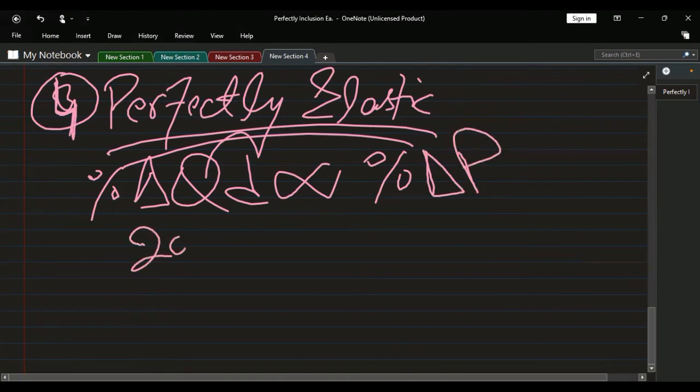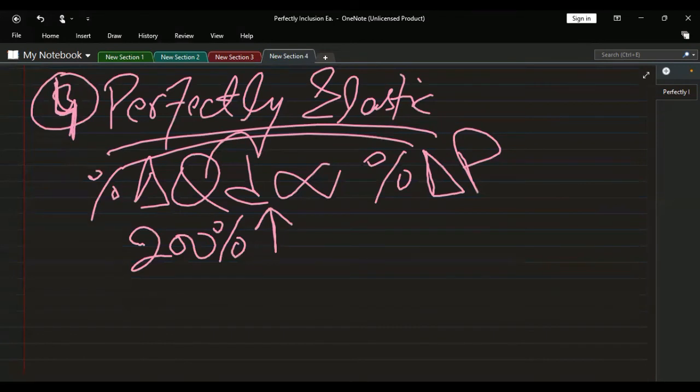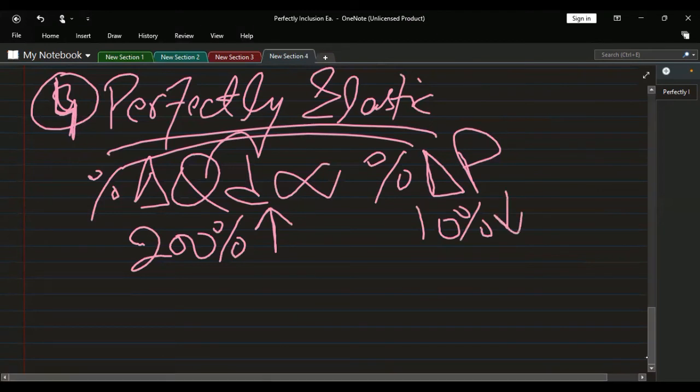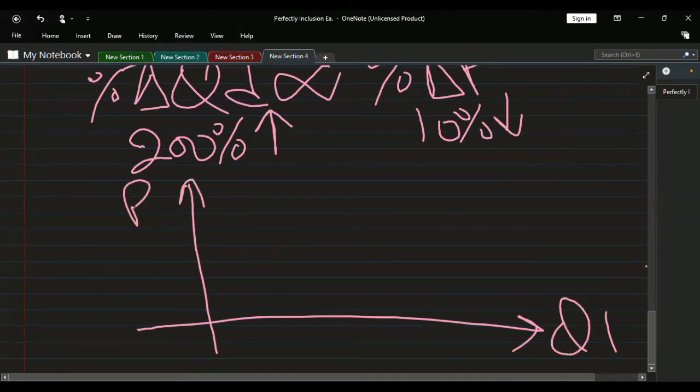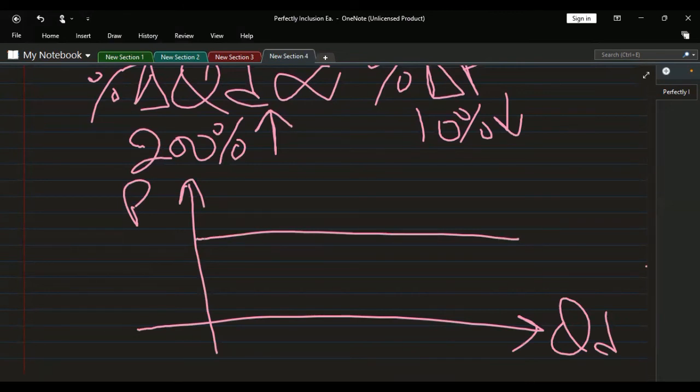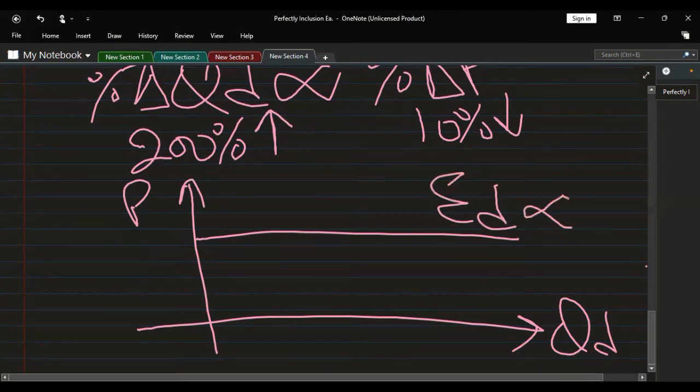For example, if there is 200% increase in demand as compared to the price where there is 10% decrease. And graphically, it is represented through a horizontal line showing that the price will remain same, but there will be a higher change in the demand section. So elasticity of demand is infinite.